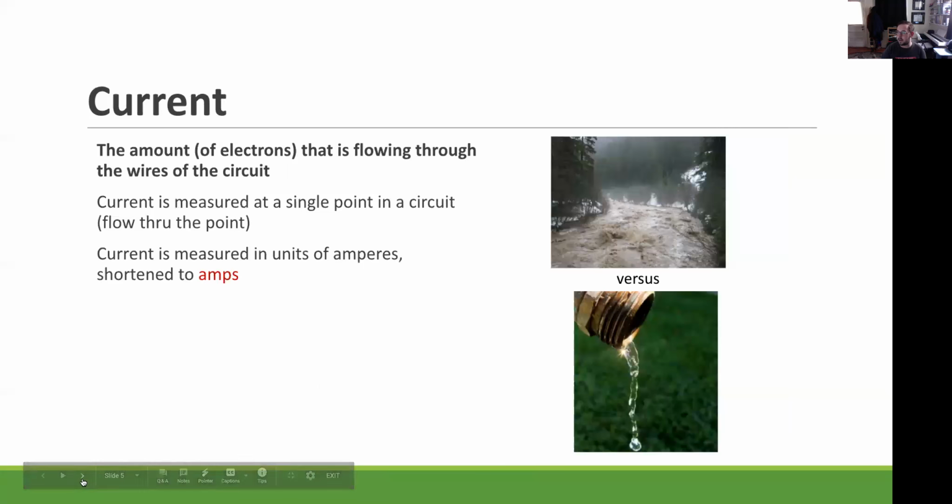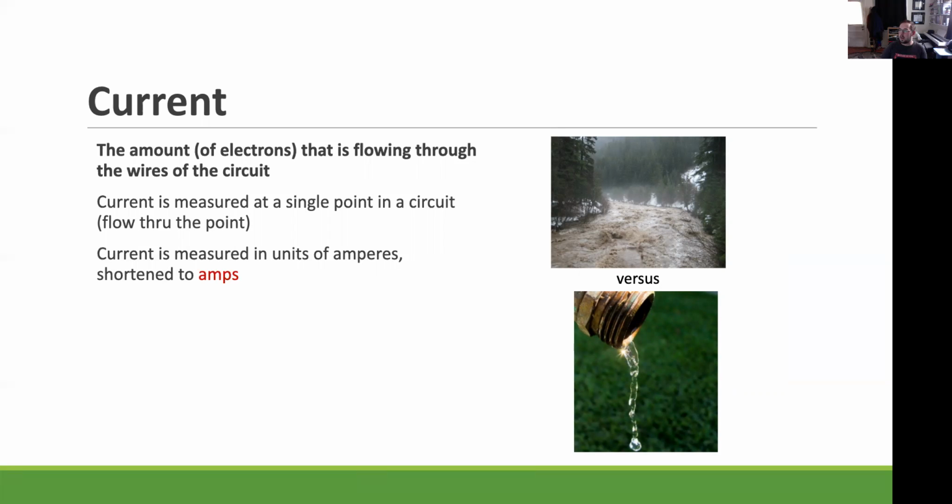You'll see that abbreviated. Current, in a little more detail, is not how much information, but how much stuff is in the system. Keeping with water, if you had a water hose and turned it on just a little bit, you'd have just a little bit of water current going through, but as you increase it, you would get more and more flowing through the same section.